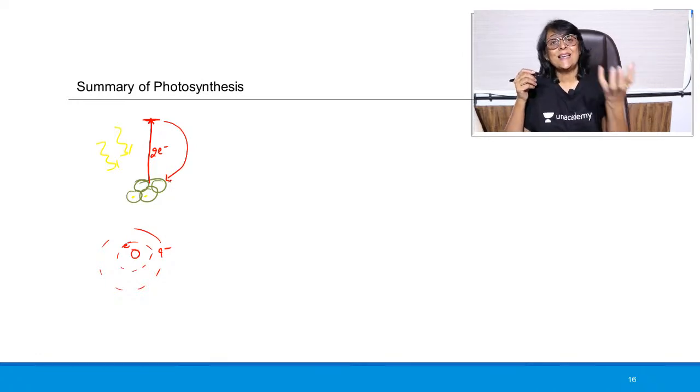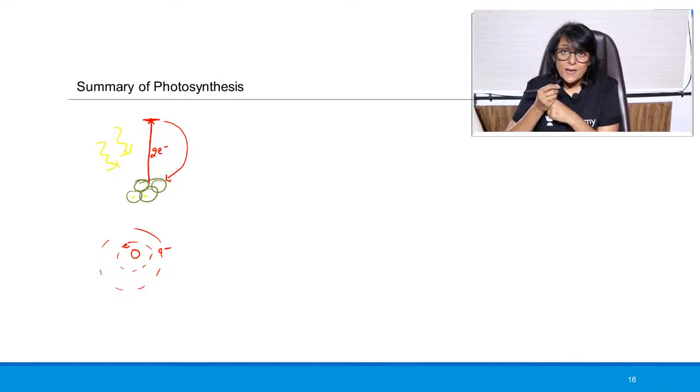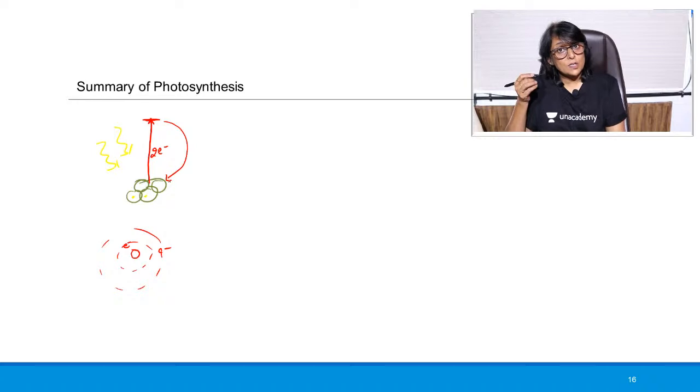When sunlight is trapped by the pigment, what is meant by sunlight trapped? The energy is trapped in the form of photons. So when chlorophyll molecule gets photons, there is more and more energy. And because of this extra energy, a pair of electrons gets excited.